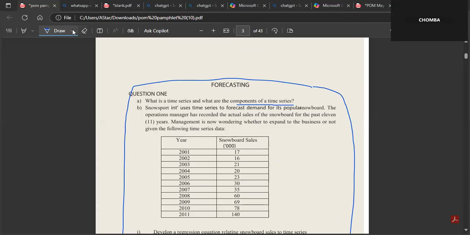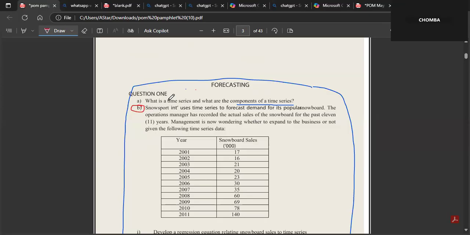What is question part B saying? Snowspot uses time series to forecast demand for its popular snowboard. The operations manager recorded the actual sales of the snowboard for the past 11 years.